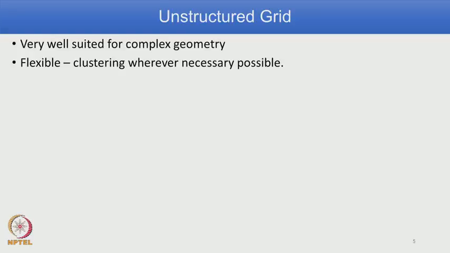As I have shown just before, flow past an aerofoil with attachments in the front as well as the back with a different geometry is such a complex arrangement. Just one example: structured grid generation is difficult, hence unstructured grid is very well suited.